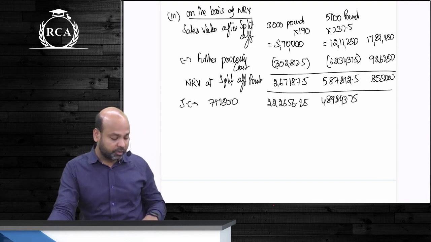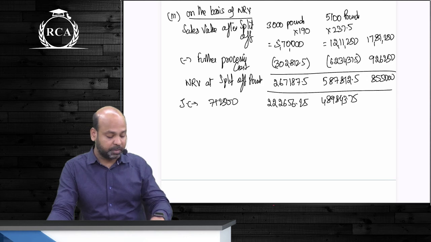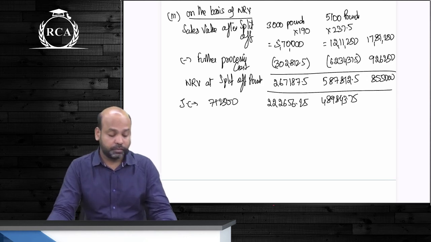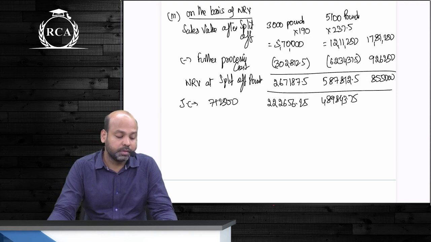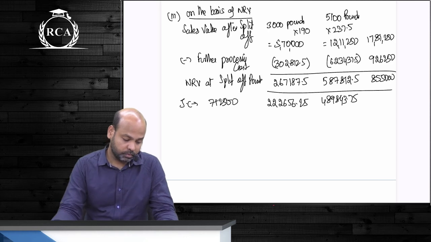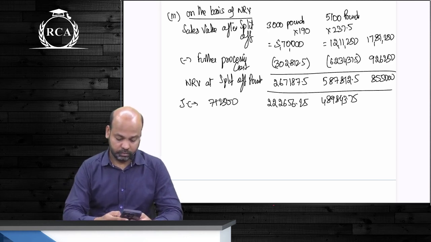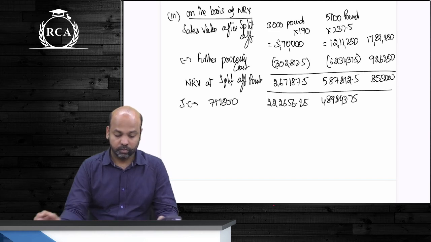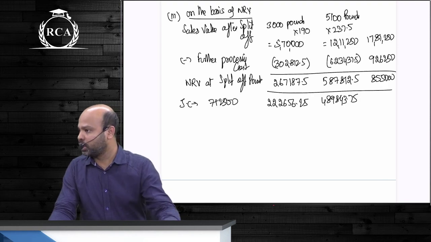Let me know when you're all done with this, but I have to explain the fourth bit, constant gross margin percentage. Yes, beta, are we all done?